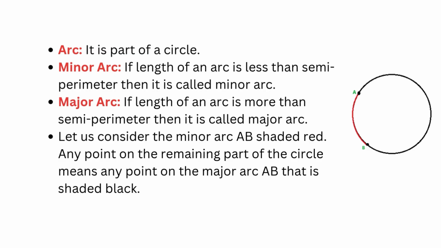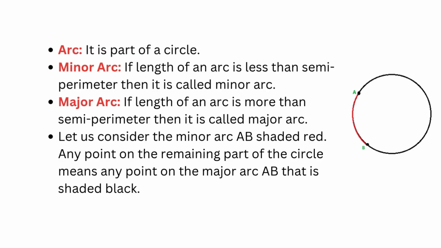I have taken 2 points on the circle, marked point A and point B. So now the complete circle is divided into 2 parts. One part is shaded red, another part is shaded black. The red shaded portion is the minor arc and the black shaded one is the major arc.